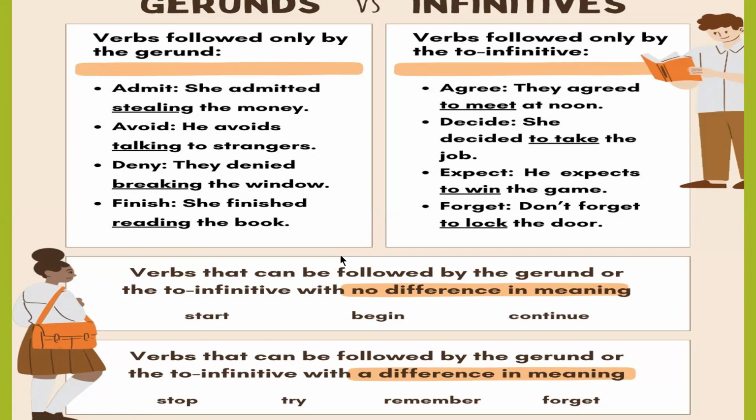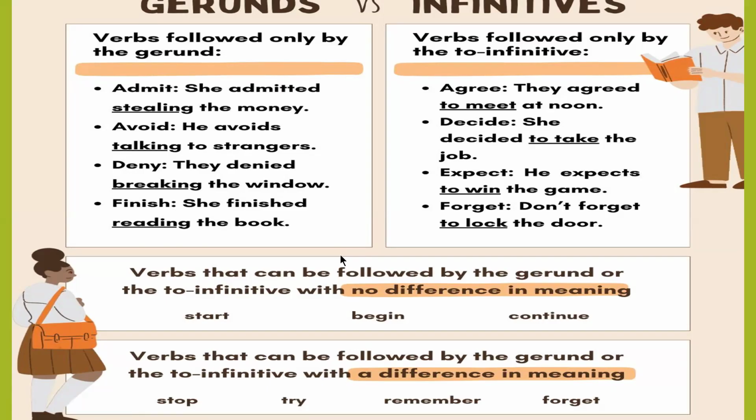Now there are a few verbs that can be followed by the gerund or the full infinitive with no difference in meaning: start, begin, continue. We can use them with the gerund or the full infinitive, and there is no difference in the meaning of the sentence.